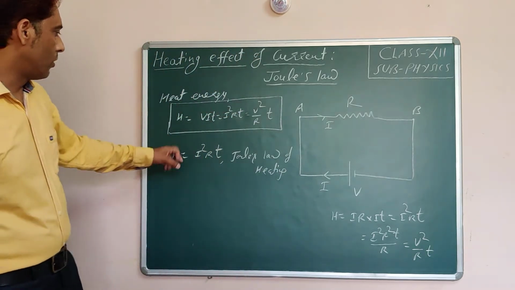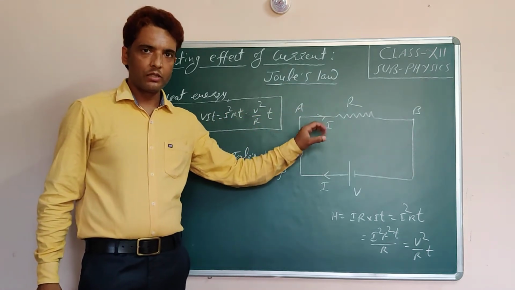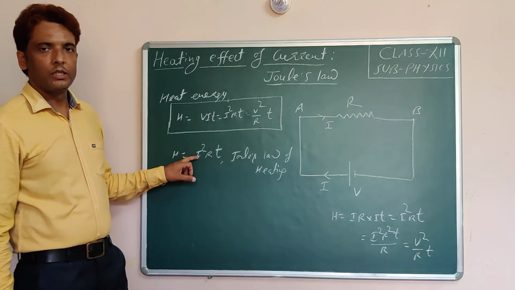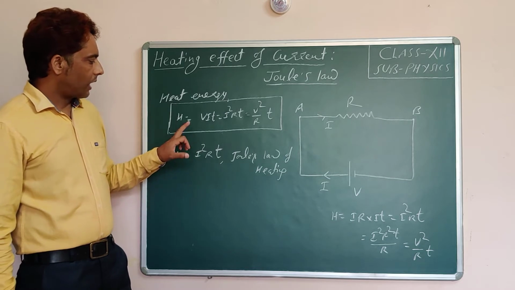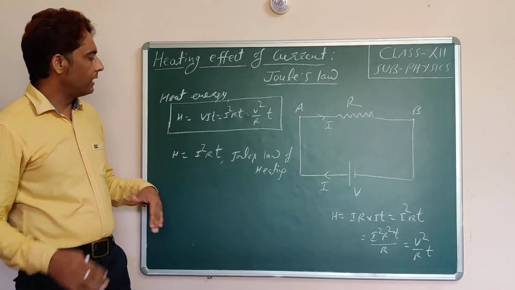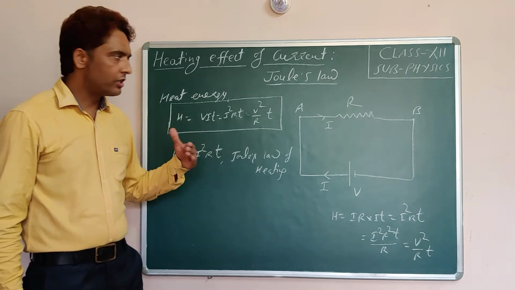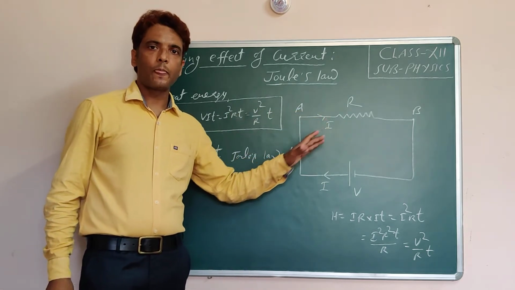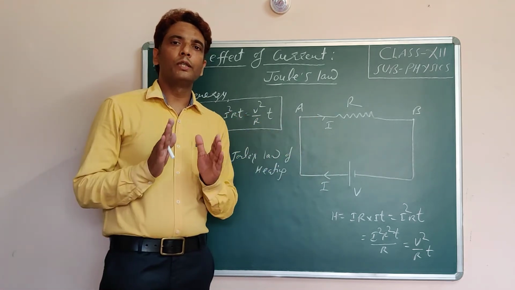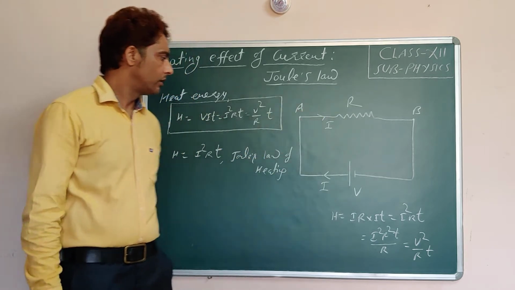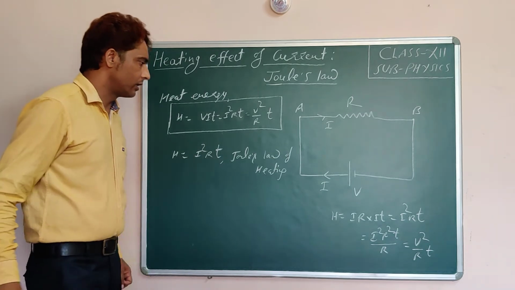Means according to Joule's law, the heat produced in a conductor is directly proportional to the square of the current flowing through it, the resistance of the conductor, and also it is directly proportional to the time for which current flows through the conductor. Means if current flows for more time, the amount of heat energy goes on increasing. So this is about heating effect of current.